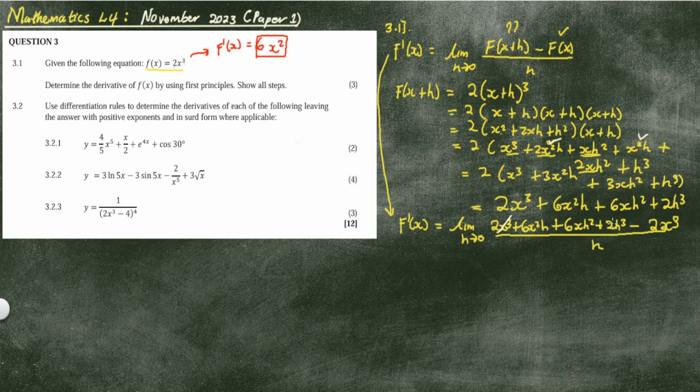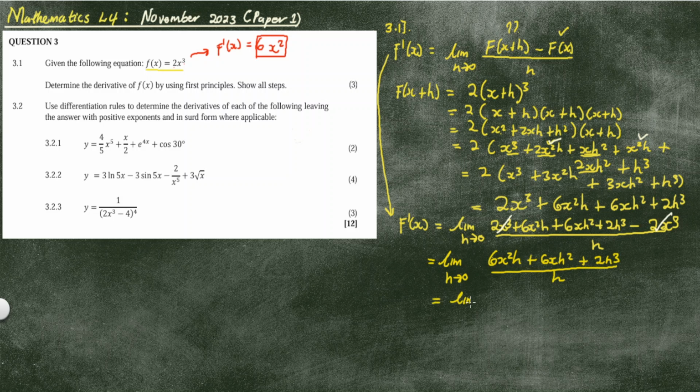The 2x cubed terms cancel. We are now left with the limit of h approaching 0 of 6x squared h plus 6xh squared plus 2h cubed over h.